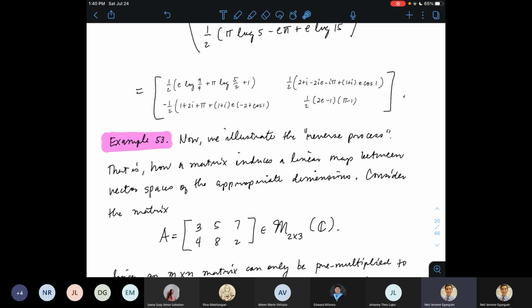Kindly raise your hand, or send me a chat kung ayaw nyong bumoto ng hindi anonymous. Any objections? 5 seconds, 5. Sir, pag 4, sorry, required po to answer all. Yes. Okay. Pero ganun din kasi ang inisip ko for 5. For 5, required din to answer all.